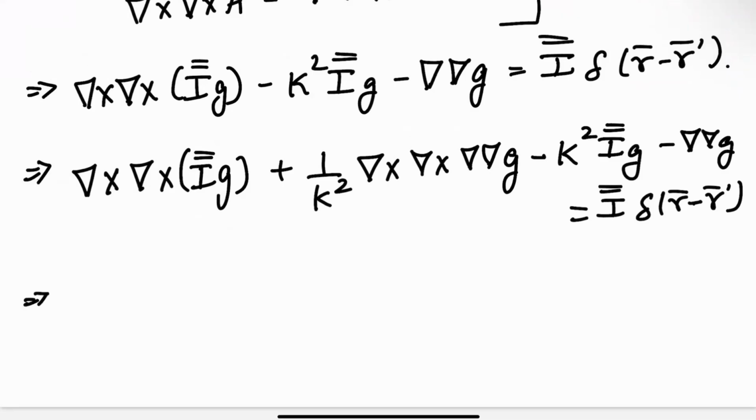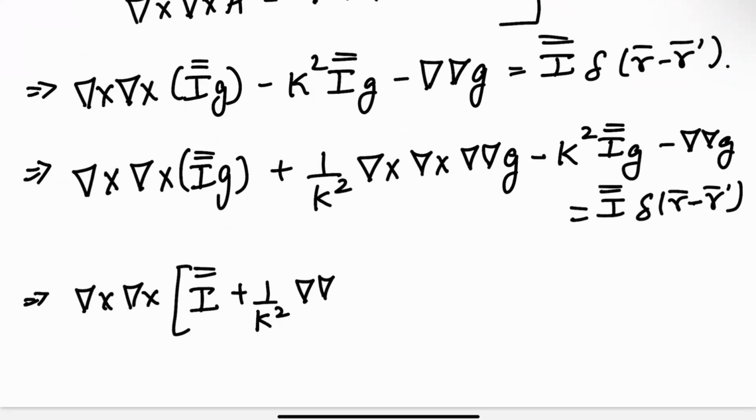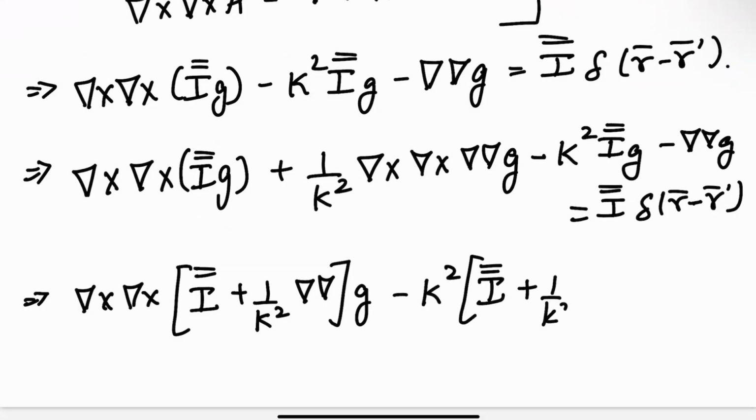Which means now what do you have? You have curl of I plus 1 over k square del del G minus k square I plus 1 over k square del del, G should be outside, G equal to I delta.